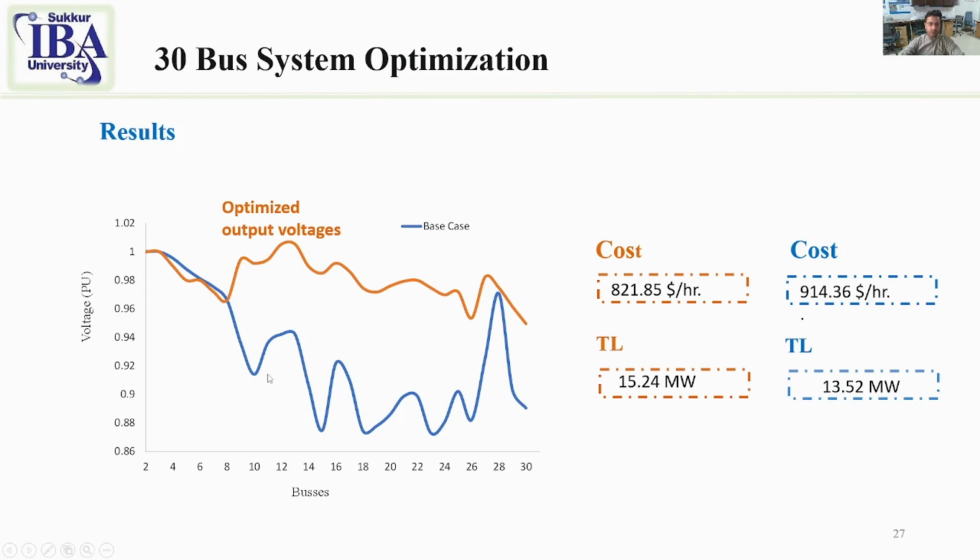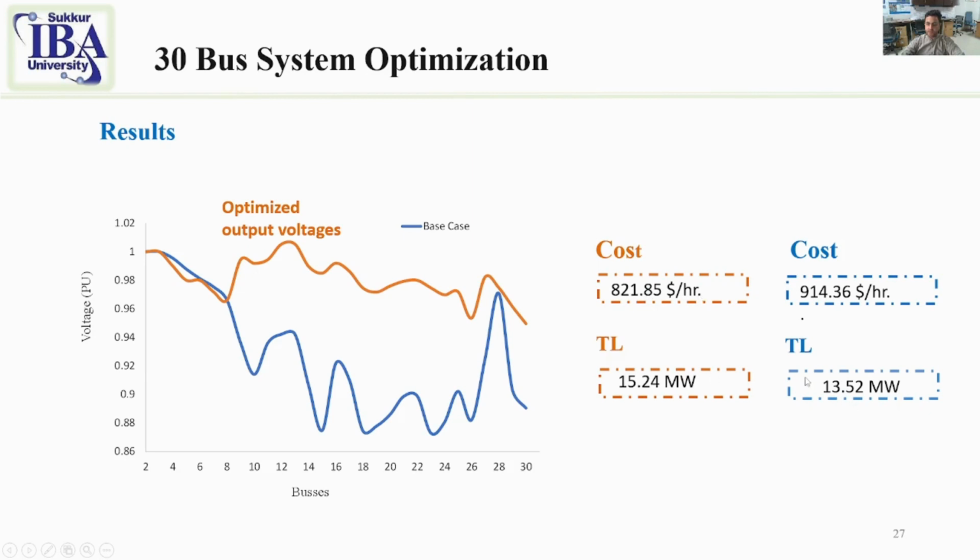Previously in the base case, you can see these voltages are much deviated from bus 1 to 30, and when we try to optimize it, the voltage levels are improved now, and the cost, which was 914.36, is reduced to $881.85 per hour.